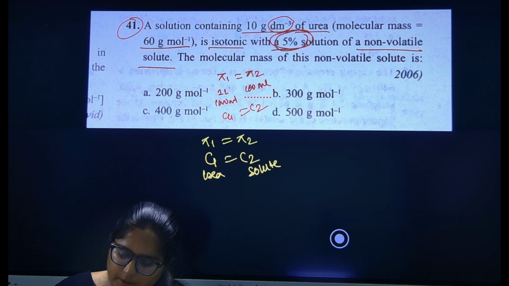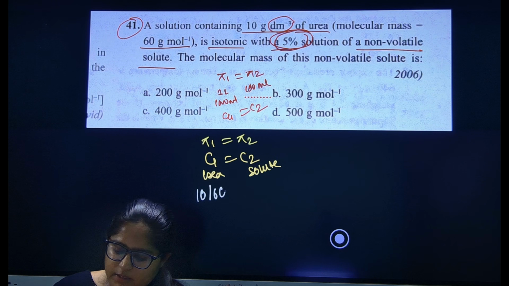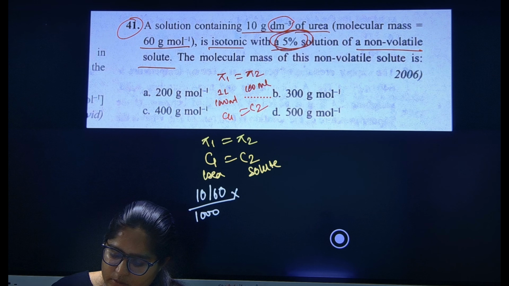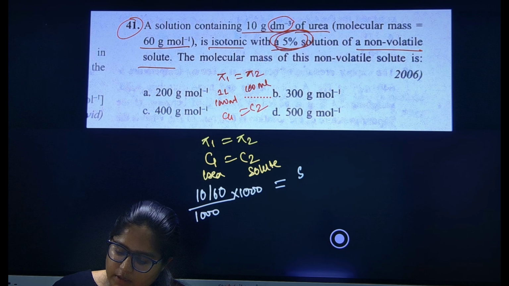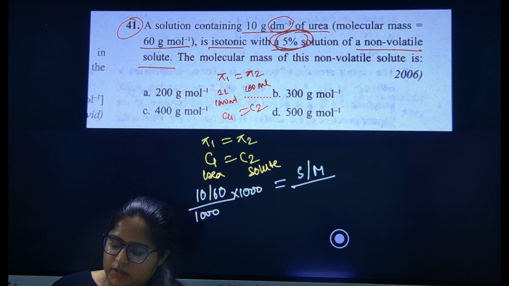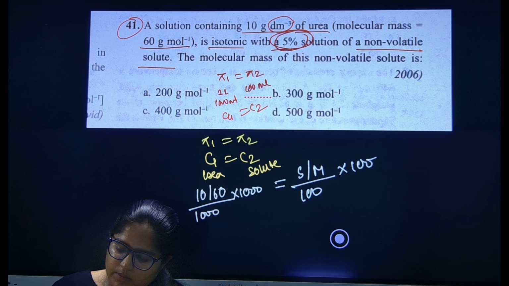Okay, let us solve here. Given mass by molar mass, 10 by 60 divided by 1000 ml, so multiply by 1000. Here, given mass and molar mass, we have to find the mass by volume. If they are giving a 5% solution, it means 100 ml, so here also multiply by 1000.